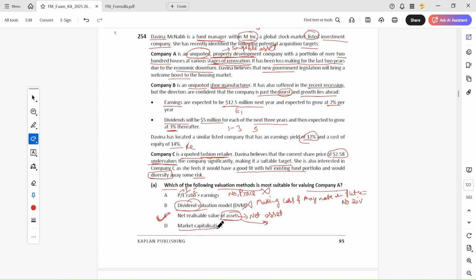Next is market capitalization, which is share price multiplied by number of shares. Because this is an unlisted company, there is no share price, so this cannot be used.